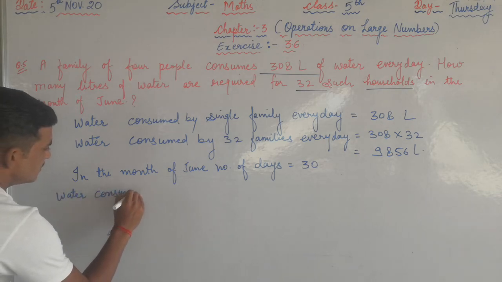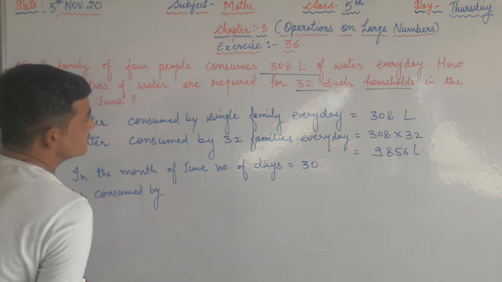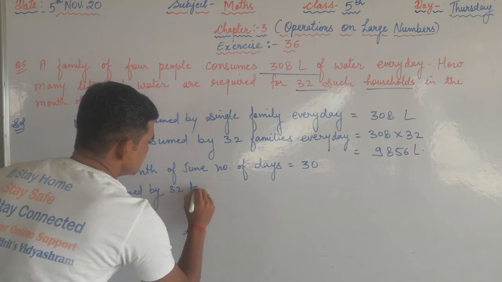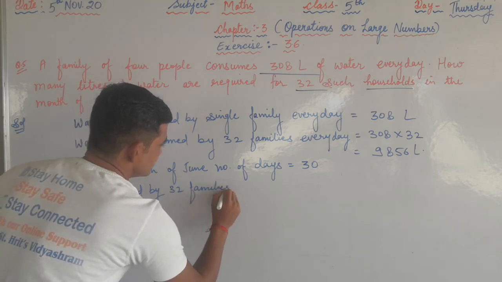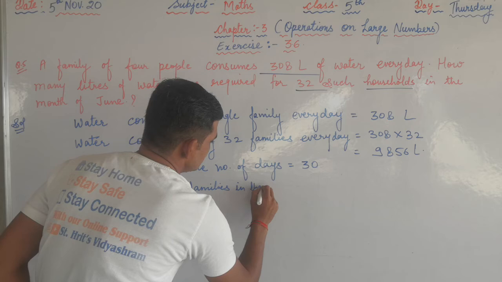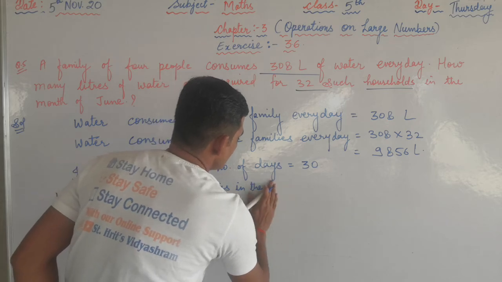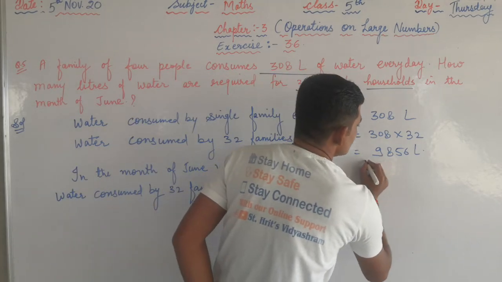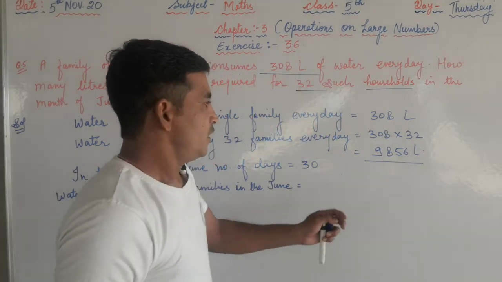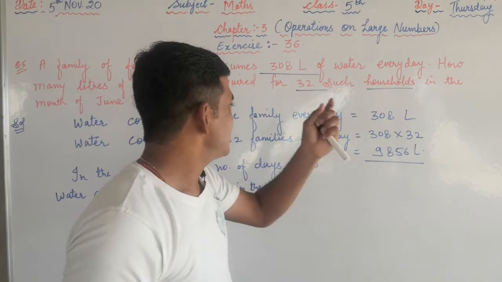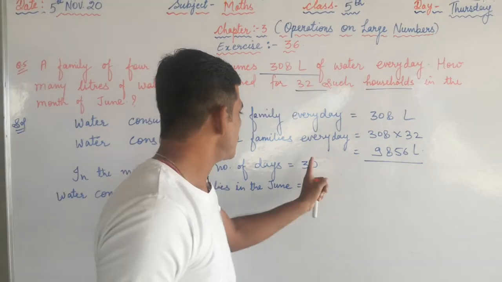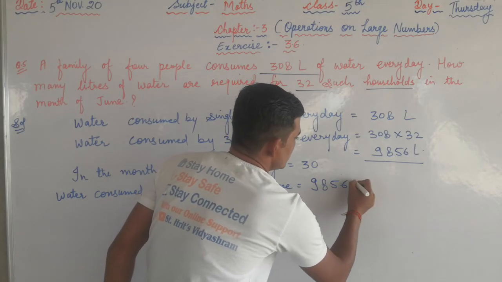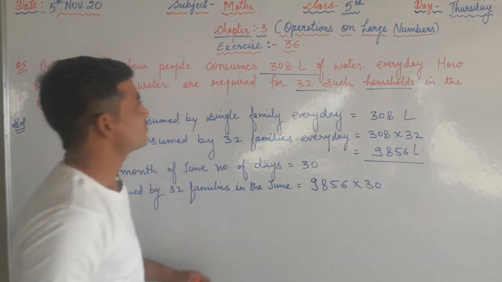Okay. So water consumed by 32 families in the month of June equals, means this quantity of water used by 32 families in a single day. So in 30 days, how much water used by 32 families?